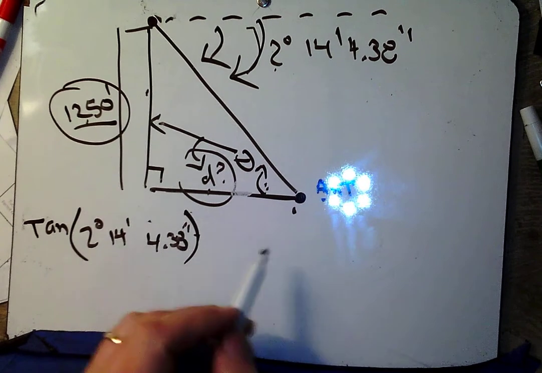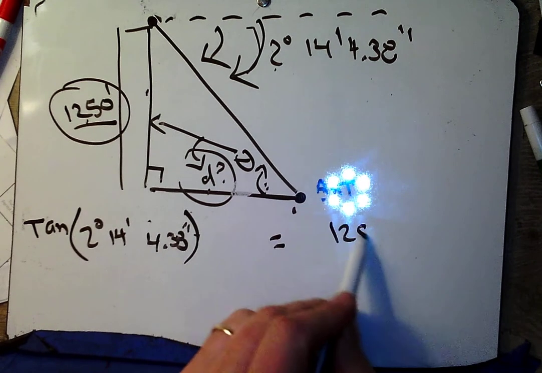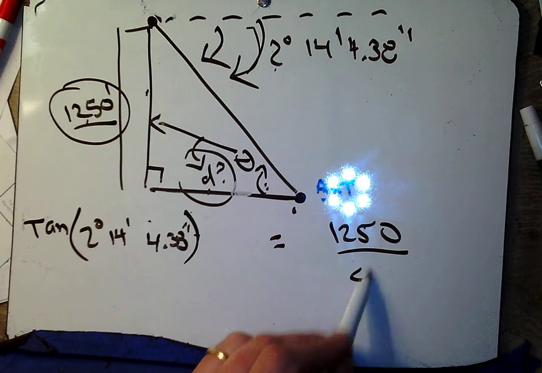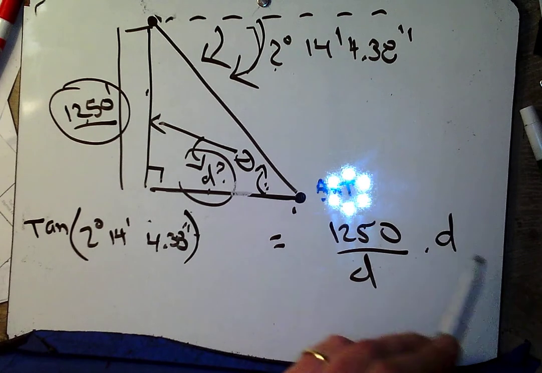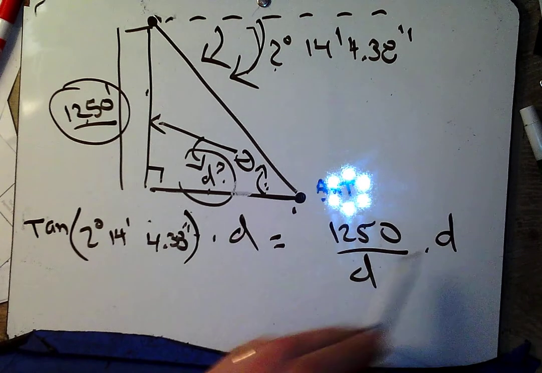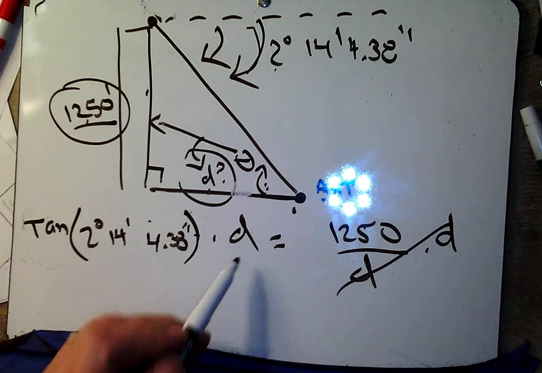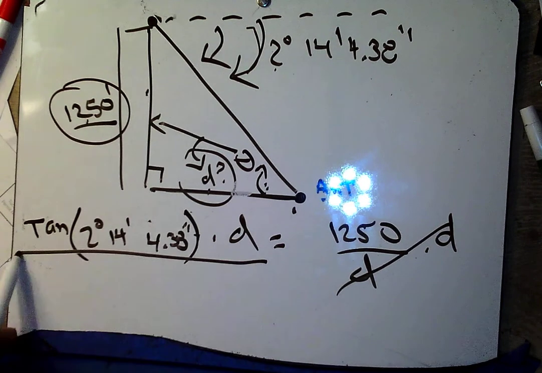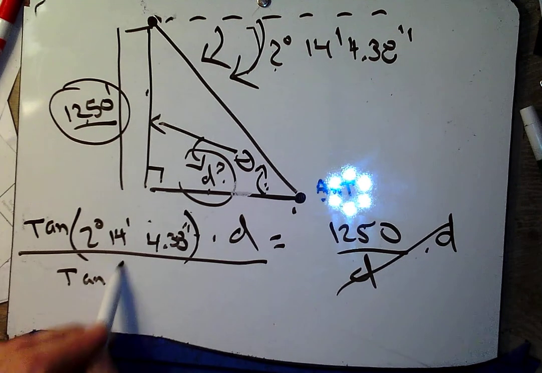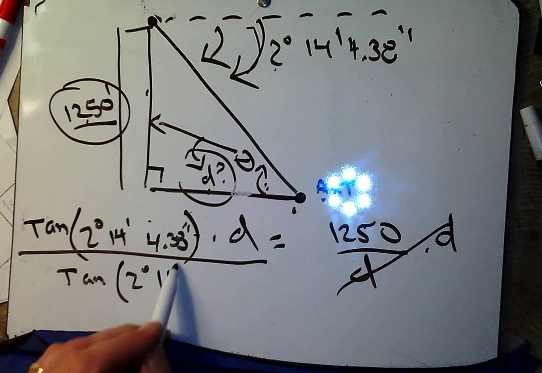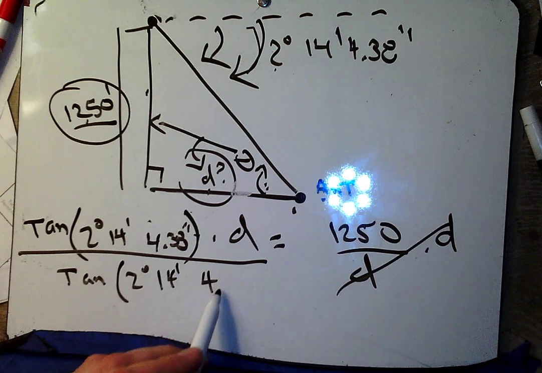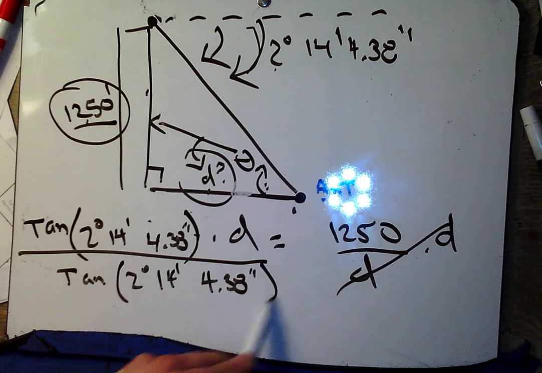So tangent theta equals 1250 over d. Well, I'm going to multiply both sides by d, but I want d alone. So I need to divide by the tangent of 2 degrees, 14 minutes, and 4.38 seconds.